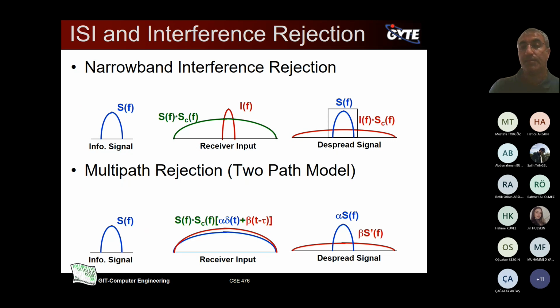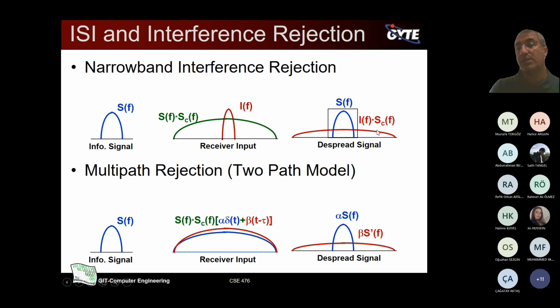As you see, it can only jam a limited bandwidth, this region. So that's fine. At the receiver side, when I multiply with the secret code, I'm spreading the enemy's interference signal.